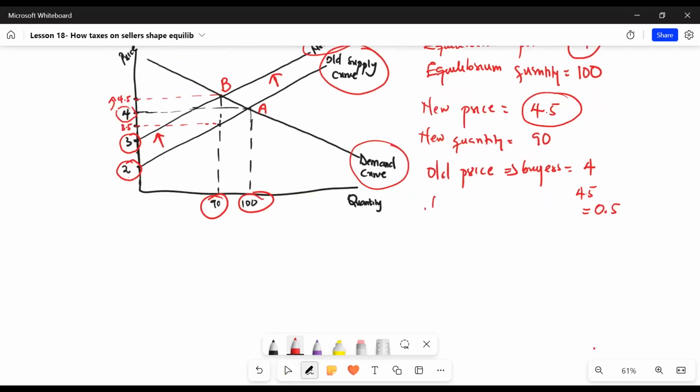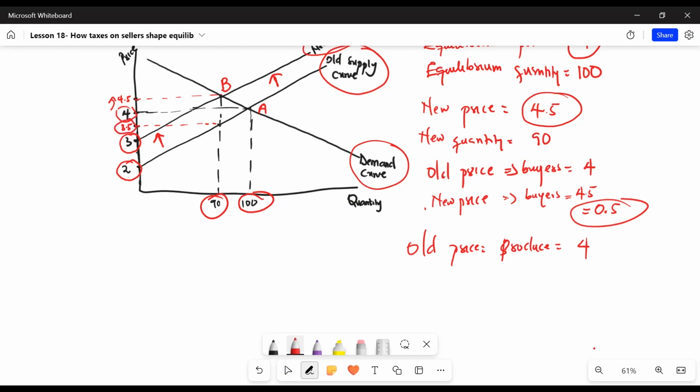So this is the new price the buyers are paying, and this is the difference. Now similarly for producers, the old price that producers were receiving was £4, and the new price that producers are receiving now is 3.5.